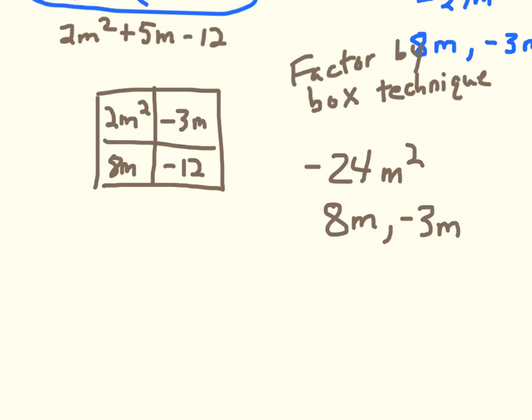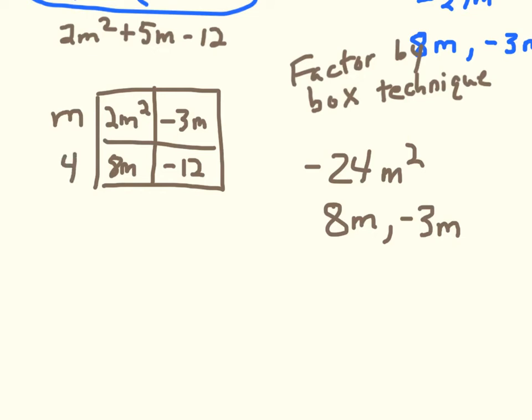Now what I'm going to do is factor horizontally and vertically. If the first term is positive, then I factor out something positive. If the first term is negative, I factor out a negative. So looking at 2m squared and negative 3m, the common factor there is just m. And looking at 8m and negative 12, the common factor is 4.